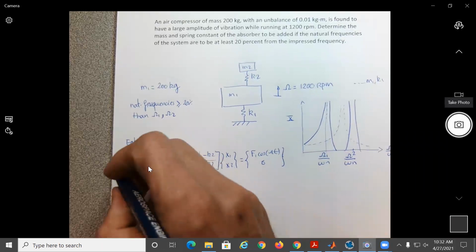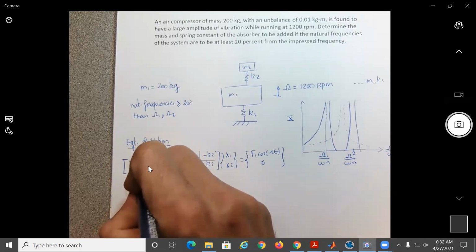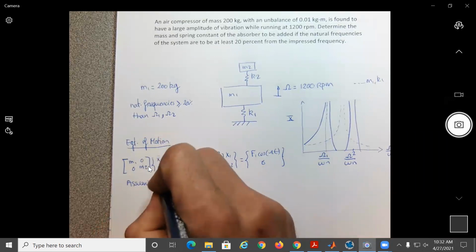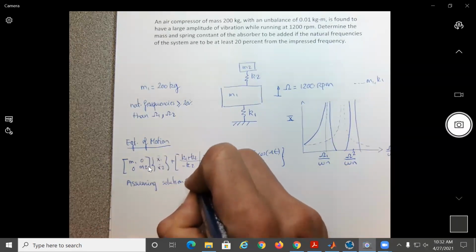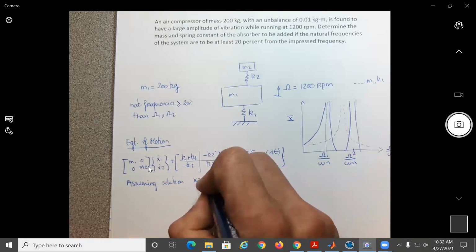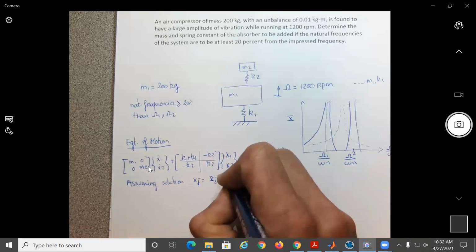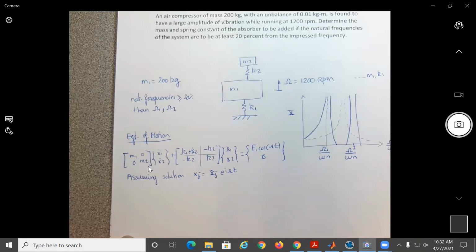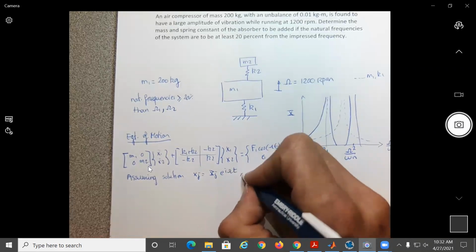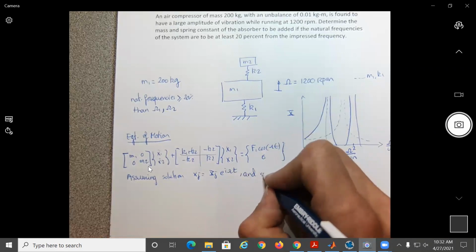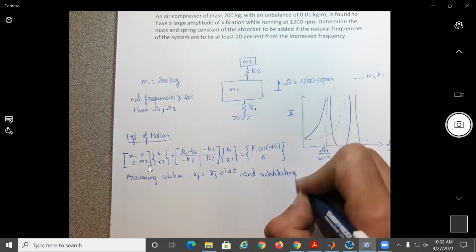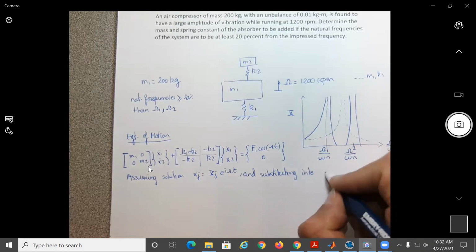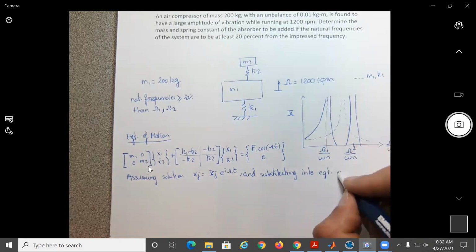And you can say here, assuming solution x sub i equal X sub i e^(i omega t). So you show me that you remember the procedure, and substituting into the equation of motion.